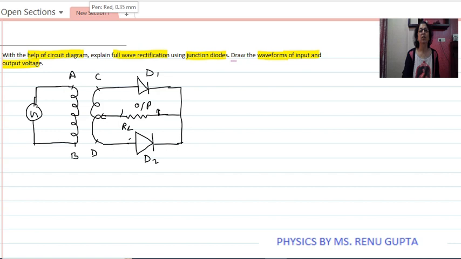So here, AC means we will have two inputs, positive half input and negative half input. So here I draw the input waveform with time. Here it is voltage.